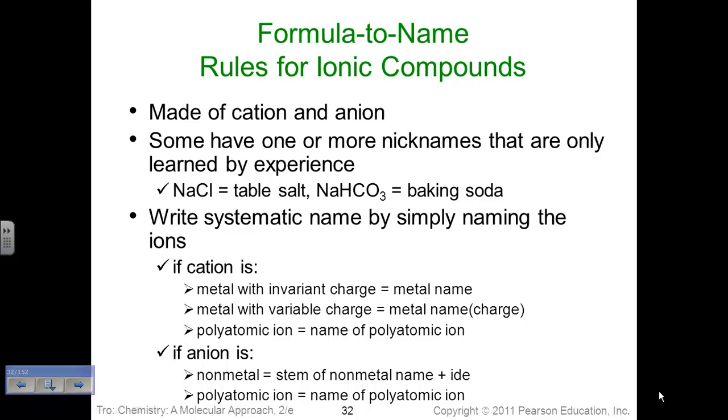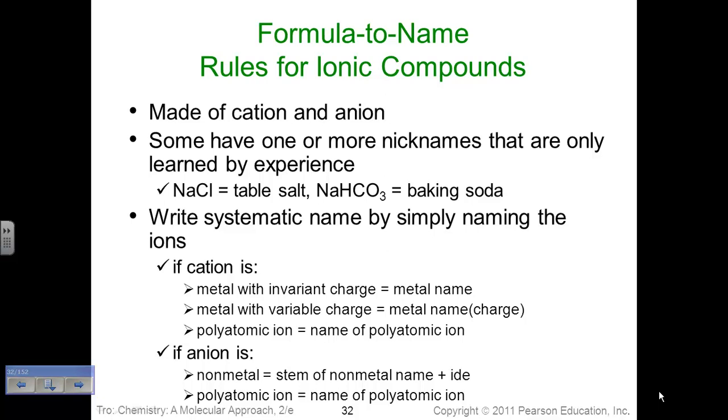Polyatomics are not found on the periodic table. Their names are found on a separate table known as the polyatomic ion chart. Lots of rules there for cations. Basically it says, name the metal ion, and check to see if it needs a Roman numeral.